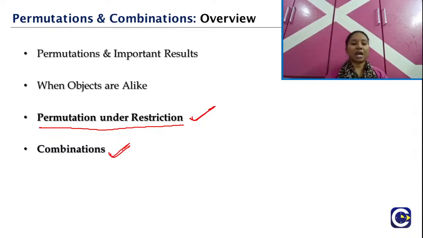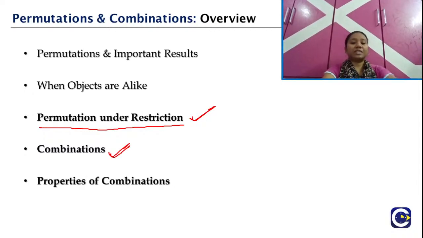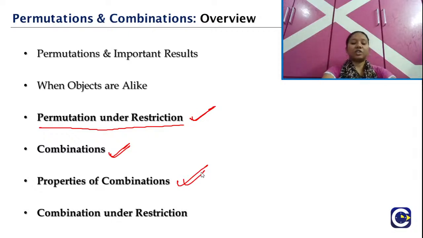We are going to start with the basic definition, and after that we'll deal with some important results related to combinations. Once we are done with that, we'll look at the properties. Even in permutations we have seen properties, and even in the factorial notation we saw properties, so in combinations also we are going to look into the properties in detail. Once we are done with the properties, the next one will be combinations under restriction.